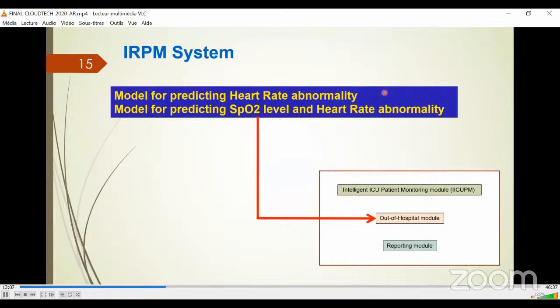In this case, the input can be, for example, the heart rate levels in the last hour or in the last day, and the SpO2 levels in the last hour, last 10 hours, or last 24 hours.